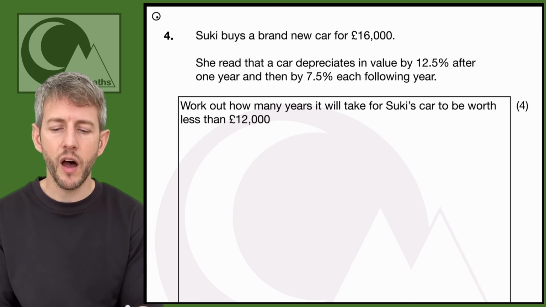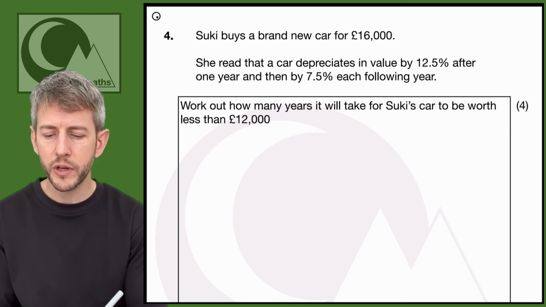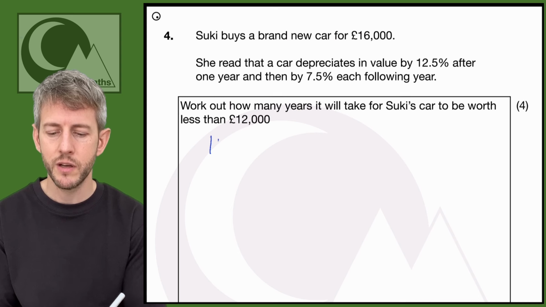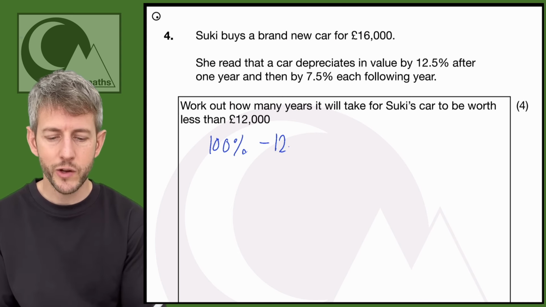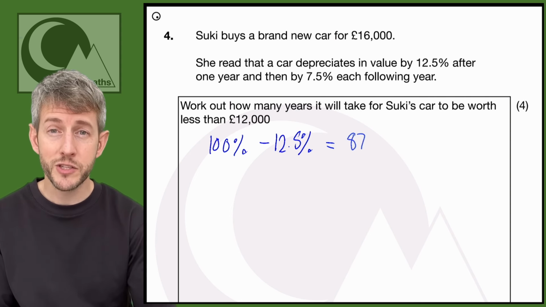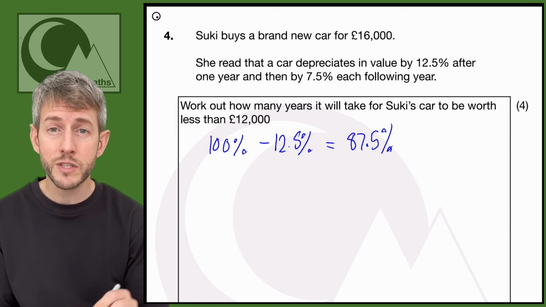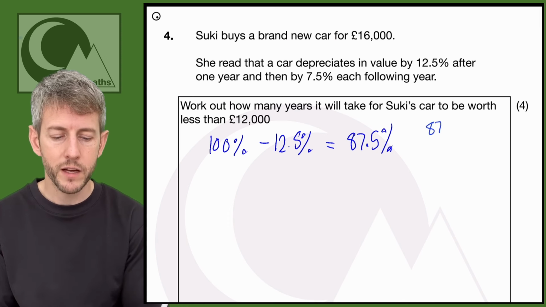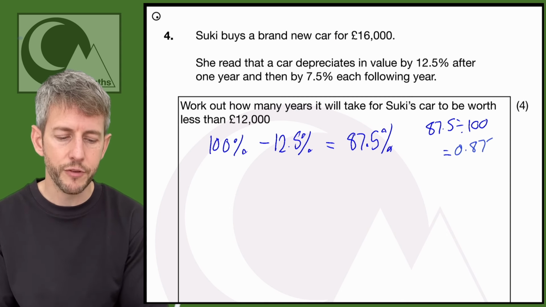So I can see I want to reduce £16,000 by 12.5%. Okay, so if I'm making that reduction, I'm going to do 100%, take away 12.5%, and that equals 87.5%. So in the first year, I'm looking for 87.5% of the original cost. So in order to find 87.5%, I do 87.5 divided by 100 to convert it into a decimal, and that gives me 0.875.